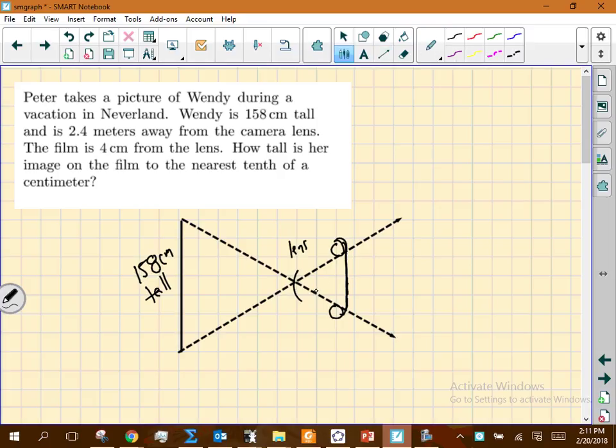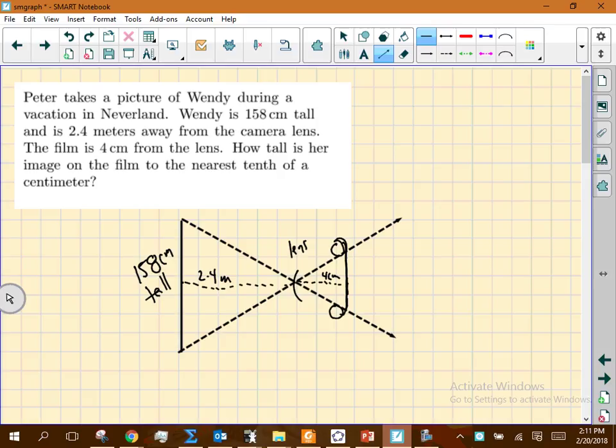They're telling us that the film is 4 centimeters from the lens, and that Wendy over here is 2.4 meters from the film. Is that all right with everyone?